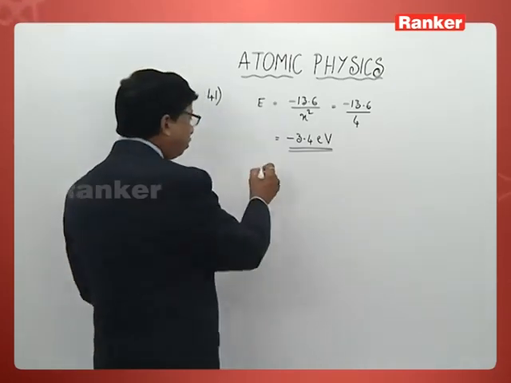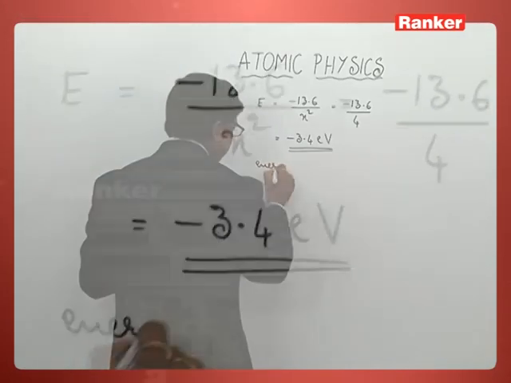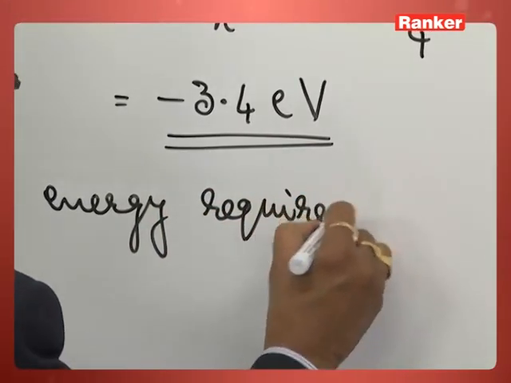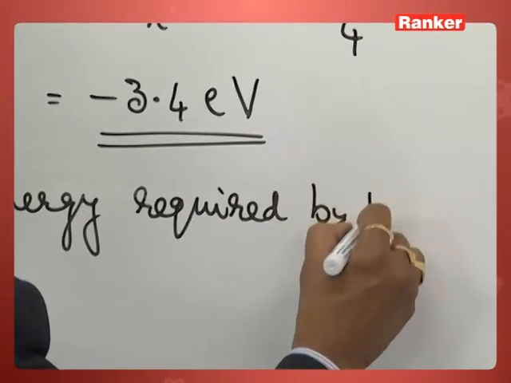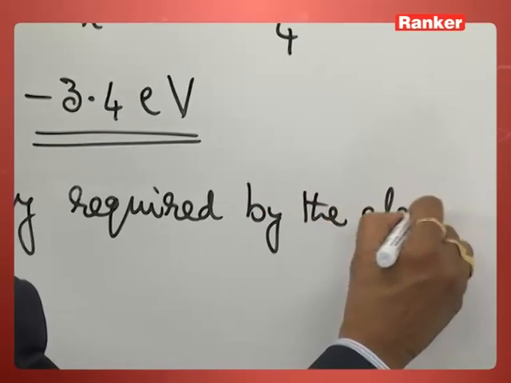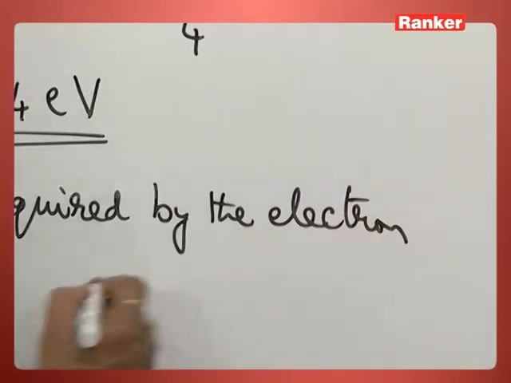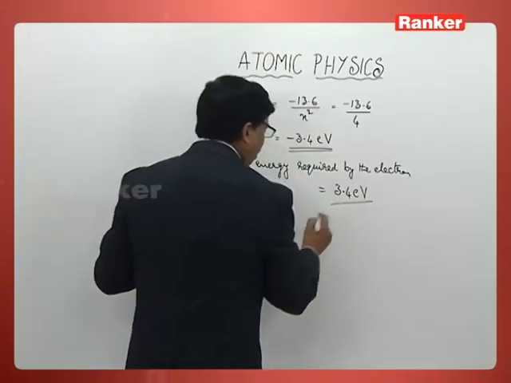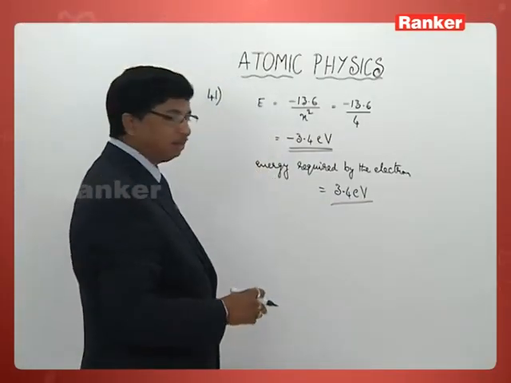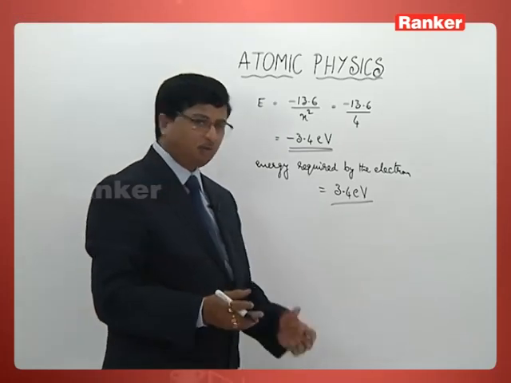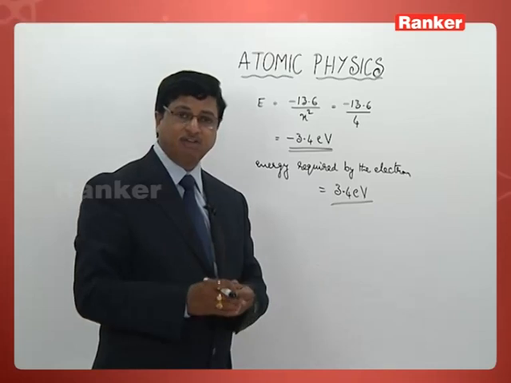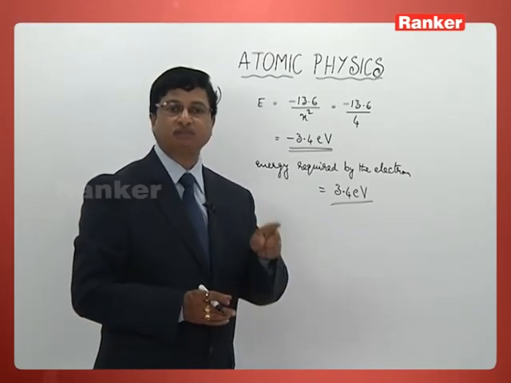So the energy required is how much? Energy required by the electron. When we write it this way, this can be taken as 3.4 electron volt. Suppose they ask how much energy you need to give to it, then you can directly write minus 3.4, because we are giving energy to the system, therefore it should be taken with a negative sign.